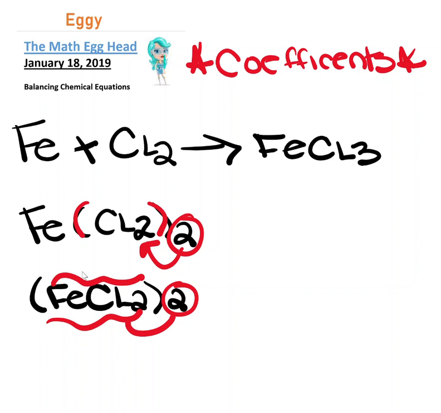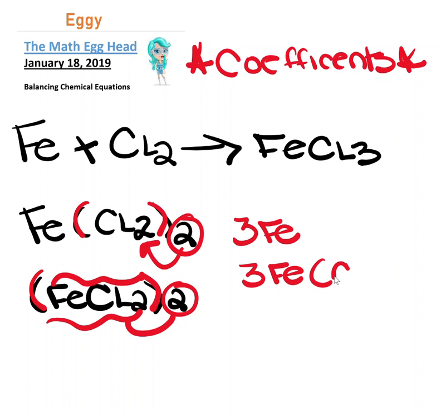If you see here, you have to pay attention to what exactly is the subscript, where is the parentheses? Now here, the coefficient. If you look here, let's say we had this, and then we had this. Is there a difference here?